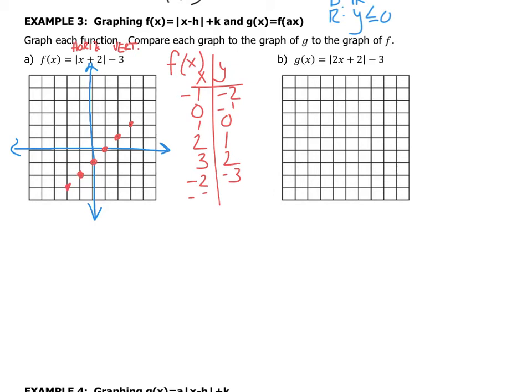So let's try -3. -3 goes in, I get a -1. The absolute value is a +1. Then when I subtract 3, I get -2. Right there, I now see that thing that I need to see. Now we've turned the corner. I can now see that this is where my v should be, and I can now finish off my graph.